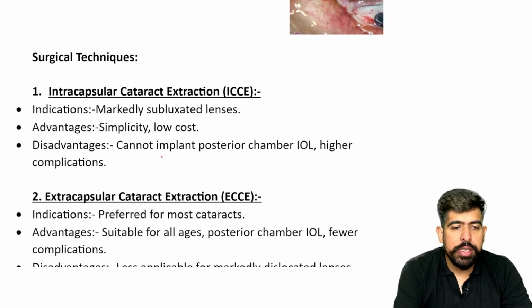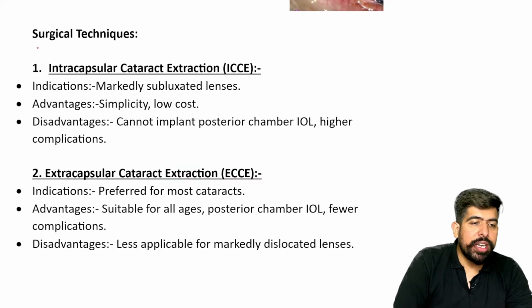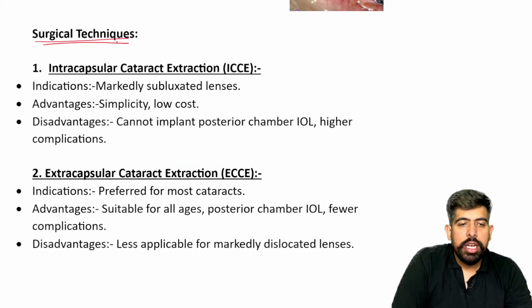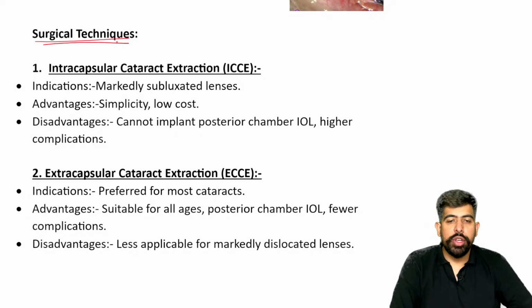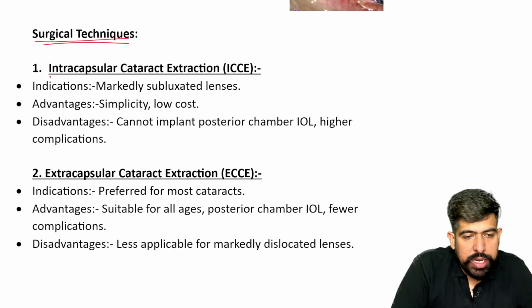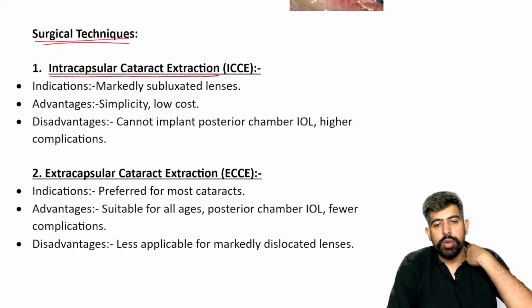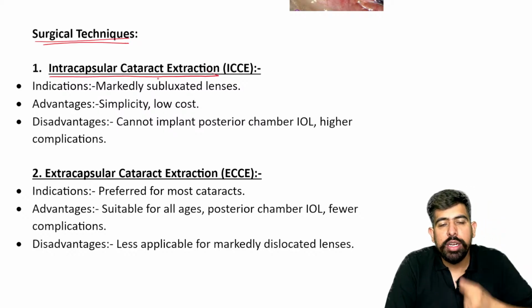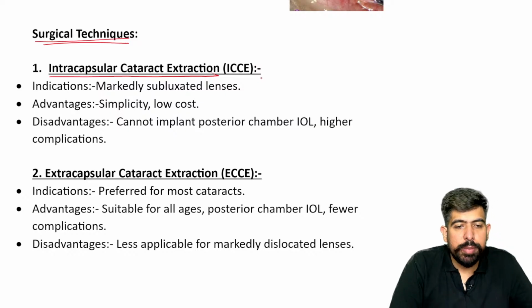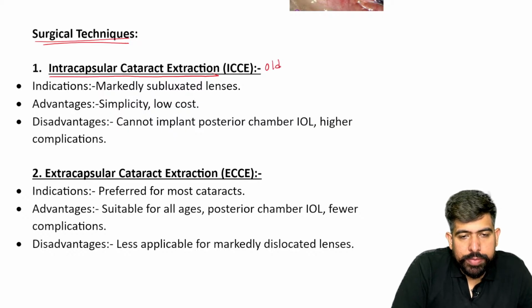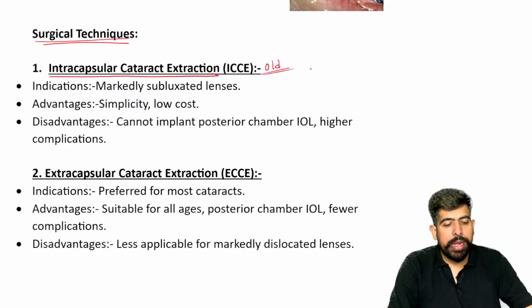Now, not only this, we have to talk about the different types of surgical techniques, which questions are going to be asked in your exam. The first one is known as intracapsular cataract extraction, right? Please remember that this is your old method, a very old method.